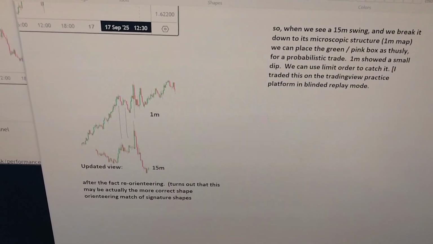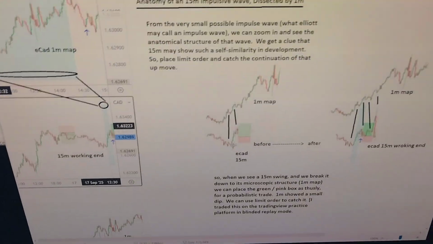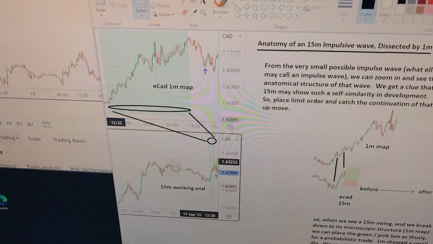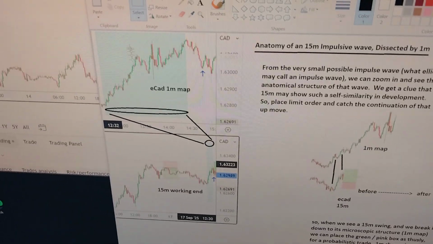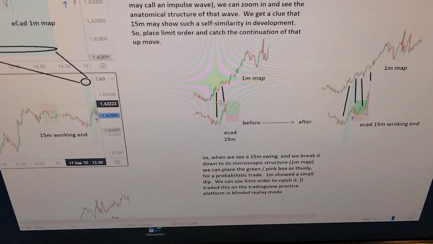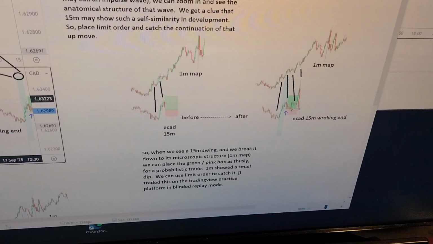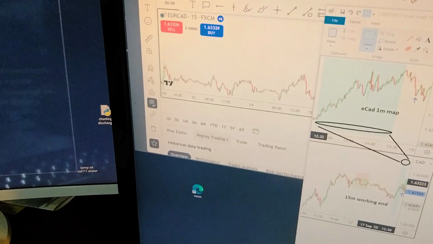TLDR. Yes, I understand completely. You are using a fractal analysis approach where you identify a promising impulsive move on a larger time frame, 15-minute, and then zoom into a smaller time frame, 1 minute, to analyze its microscopic anatomy. By identifying a clear structure on the 1-minute chart, you anticipate a small, predictable dip and use a precise limit order to enter a trade, aiming to catch the next self-similar upward move with a favorable risk-to-reward ratio. Strategy breakdown. Based on your explanation and the provided charts, I understand your trading methodology as follows. Macro view, the map.